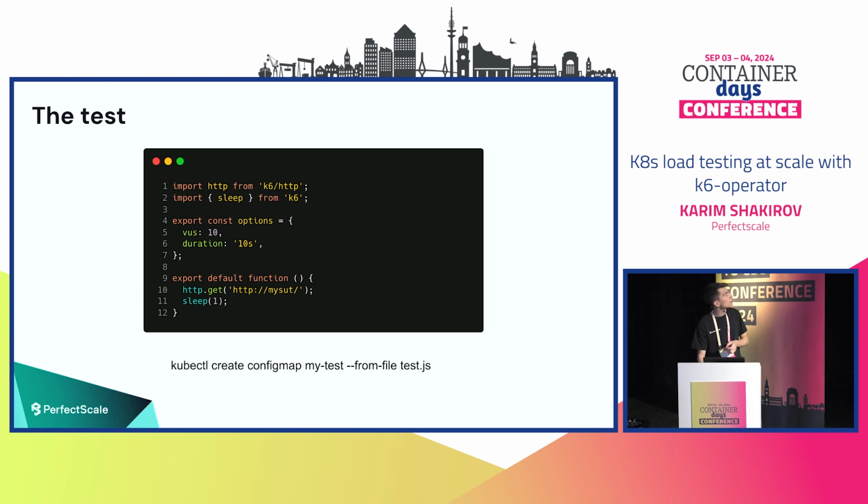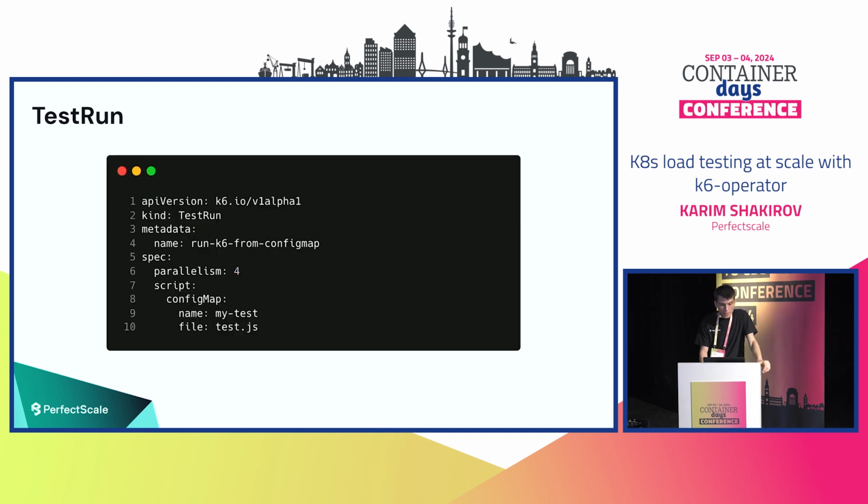Here is an example of a pretty simple test. We configure the options: virtual users is 10, duration is also 10 seconds. And it's just simple GET requests. Every 1 second we go to my suite, and after that we sleep.